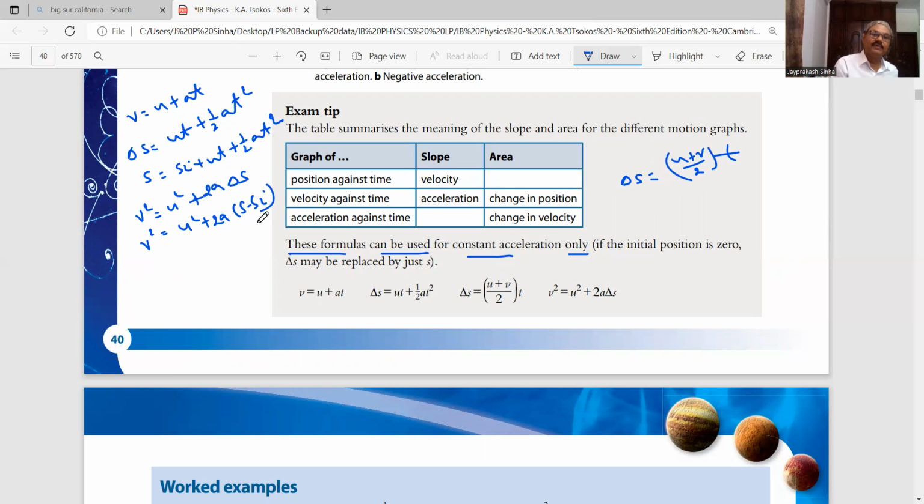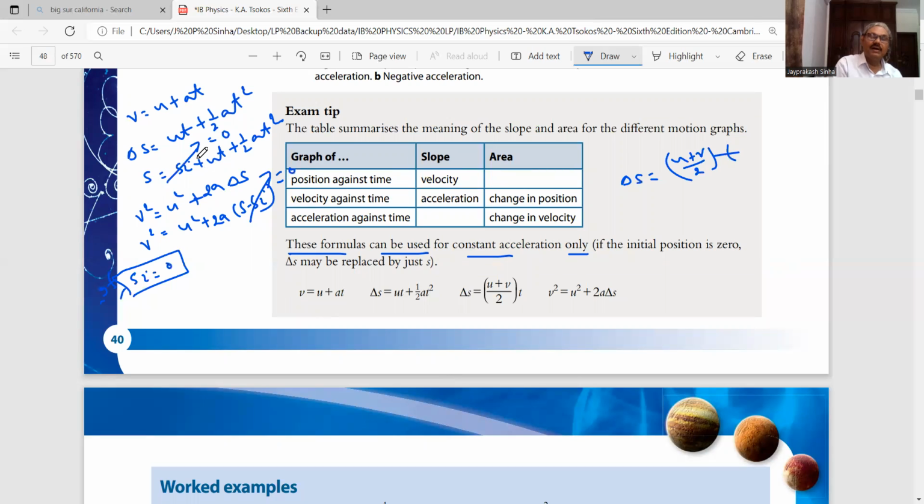So see here, if si is equal to 0, means the body starts its journey from the origin, in that case, what will happen? Everywhere it will become 0.